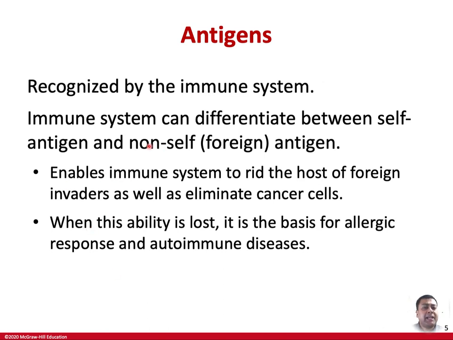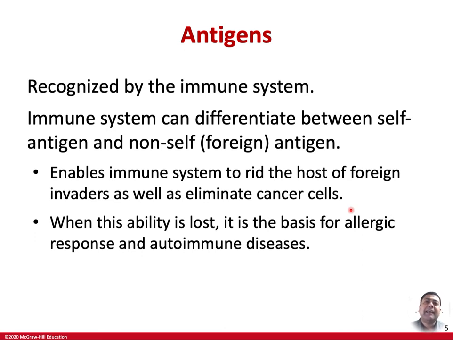So the antigen enables the immune system to get rid of the host of foreign invaders as well as eliminate the cancer cells. What we mean by this, the first thing is that each of the foreign pathogen will have a specific antigen that is not present in the host cell, and they can be recognized and can get rid of.